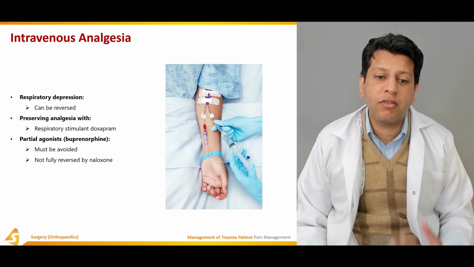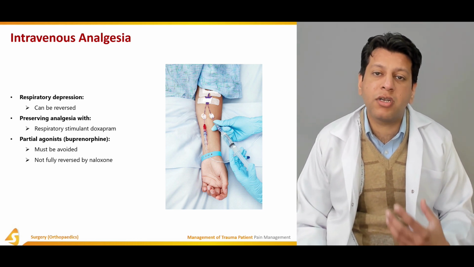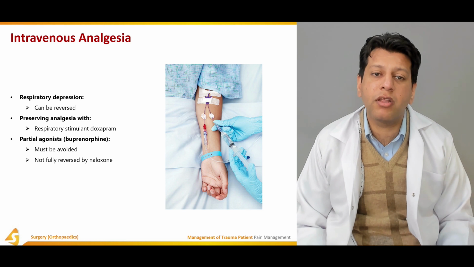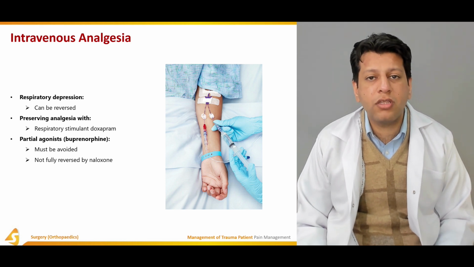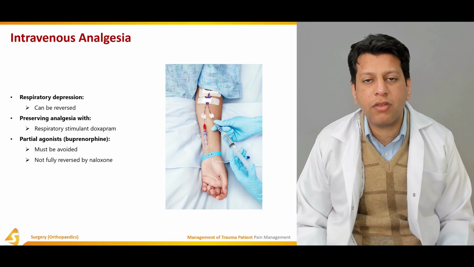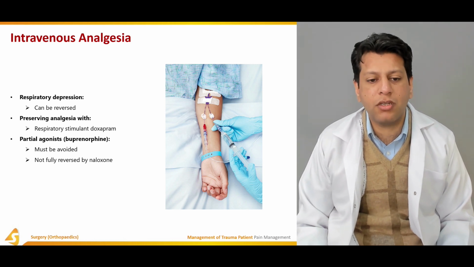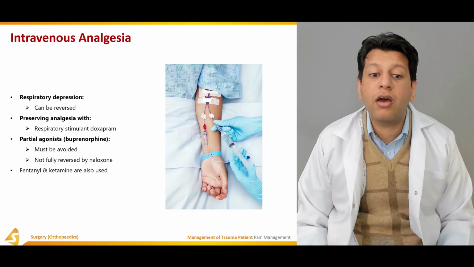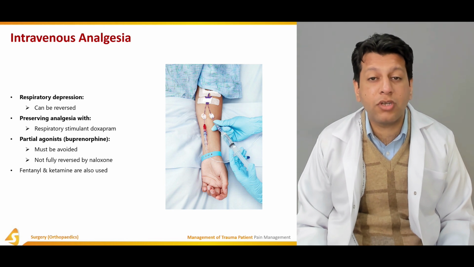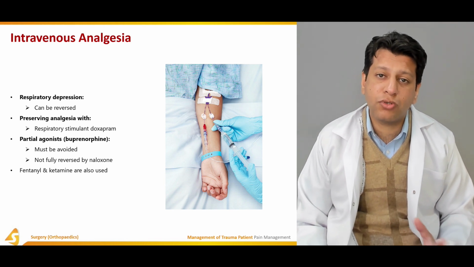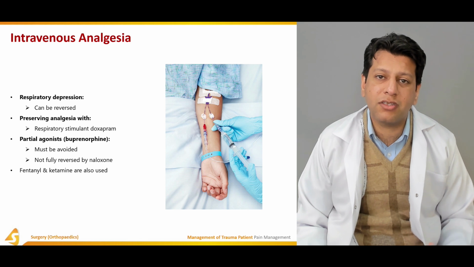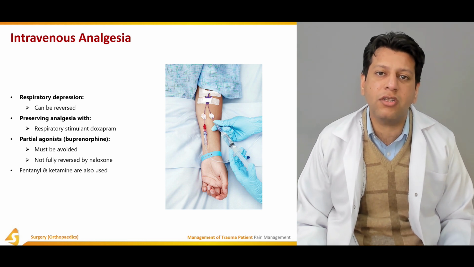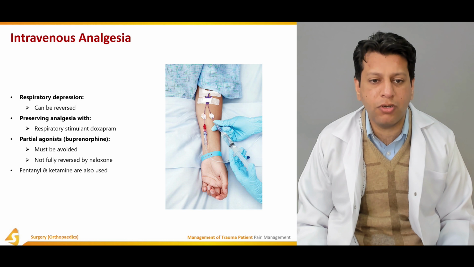Once we give too much buprenorphine and respiratory depression sets in, it cannot be completely reversed. So usually those drugs are used in which the side effects can be reversed by another drug. Other options are fentanyl and ketamine, although they are rarely utilized for IV use in post-trauma patients, but as anesthetic agents they have been utilized all over the world.